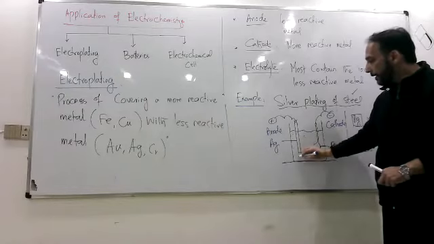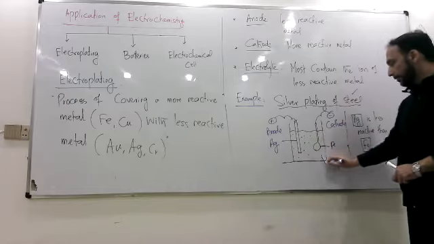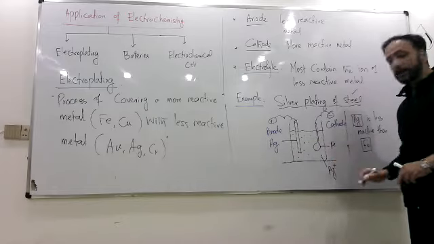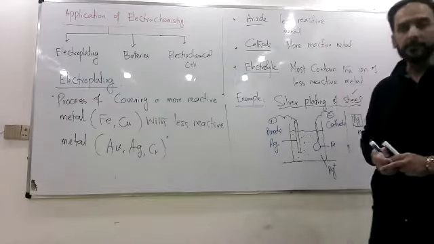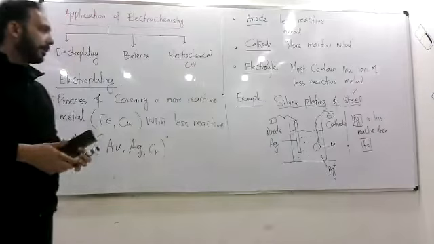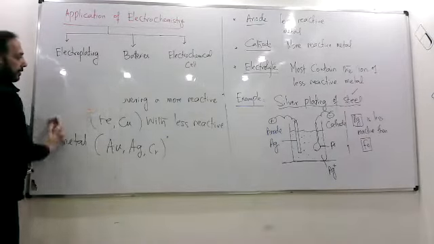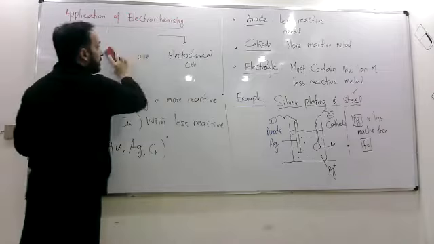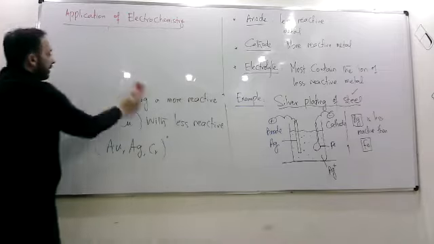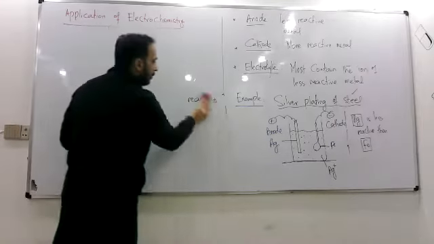और जो इलेक्ट्रोलाइट है, it must have the ions of the less reactive metal, which is like silver, for example. जो मैंने इलेक्ट्रोप्लेटिंग करनी है उसका आयन होना चाहिए उसमें. Now once the current is passed, what would happen is that silver will start discharging towards the cathode from the anode.